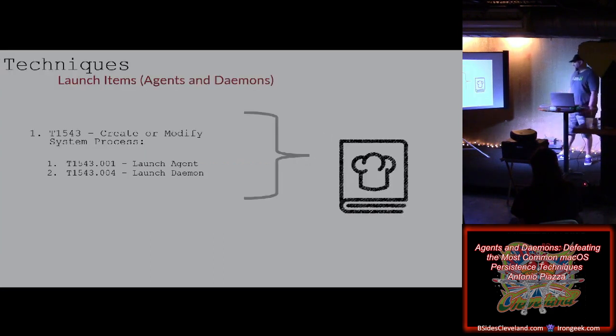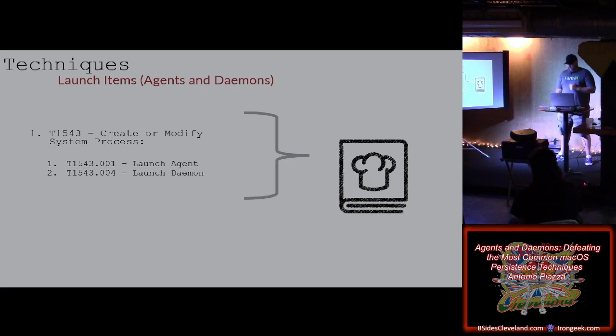Underneath the persistence tactic, you have a variety of different techniques, and the ones we're talking about here are launch items: launch agents and daemons. The MITRE technique number is T1543, Create or Modify System Process, and then you have the sub-techniques .001 Launch Agent and .004 Launch Daemon.